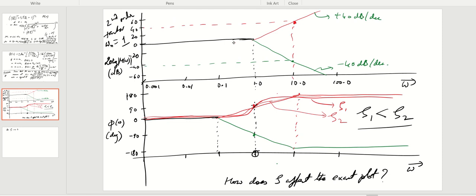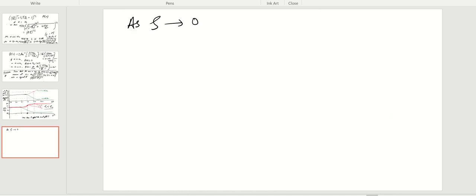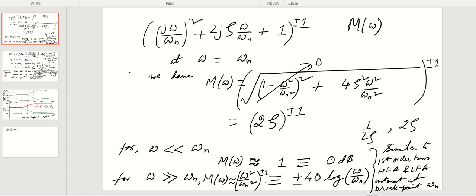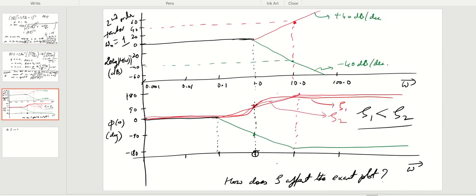Once again, for most purposes, this sort of suffices. But if you want to be exact about this, then the exercise that we've given you will assume some significance. Apart from that, we also know that at omega is equal to omega n, if you have to introduce a correction, it's actually equal to either 1 by 2 zeta or 2 zeta. So if it's a pole, then it's 1 by 2 zeta, which is less than 1.